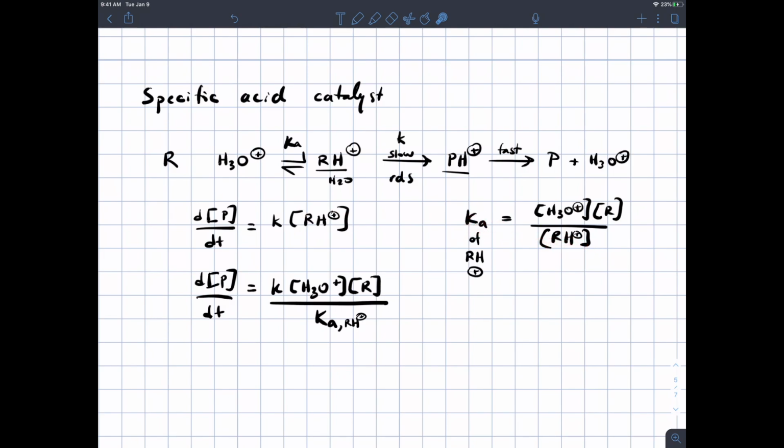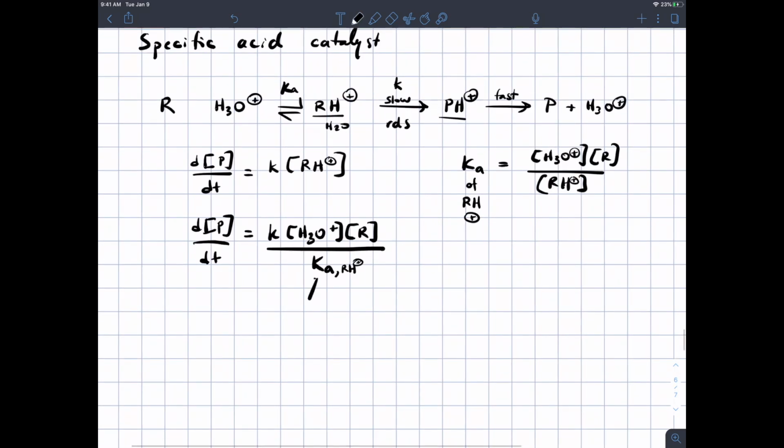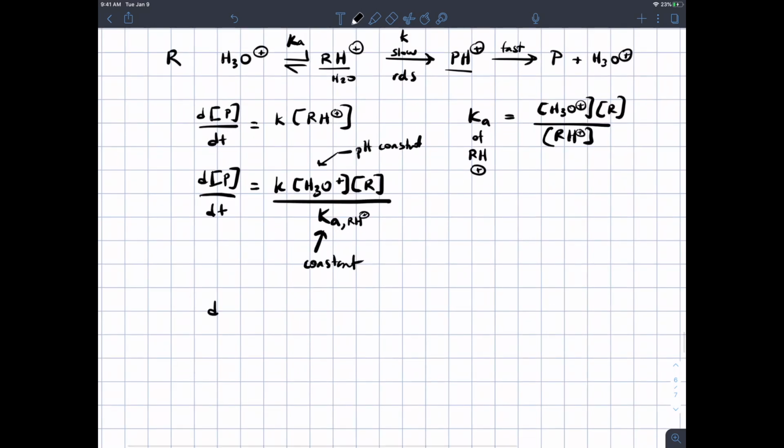You okay with that? So if you think about this, Ka is a constant, and if you're running the reaction in buffer, pH is constant. So all of this can be translated into a pseudo first order kinetic setup where k observed equals k times H3O+ divided by Ka.